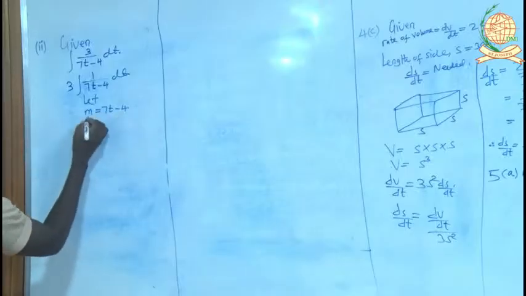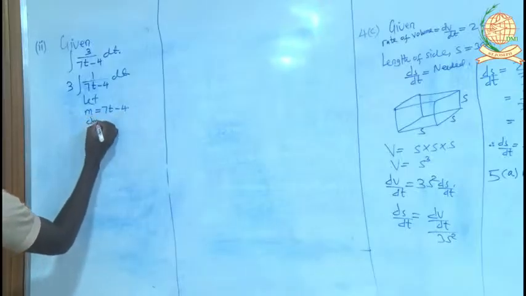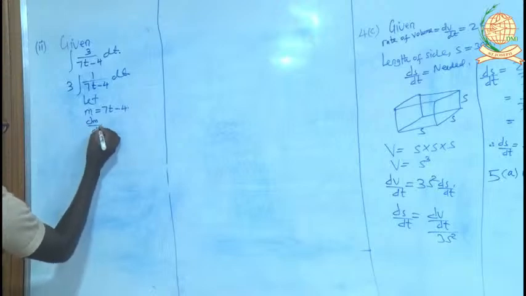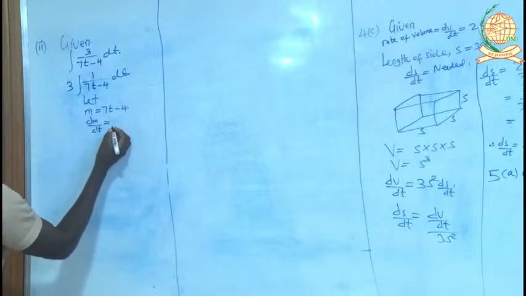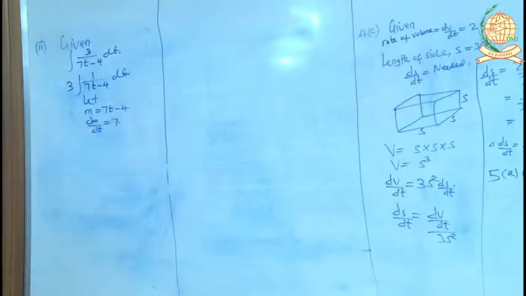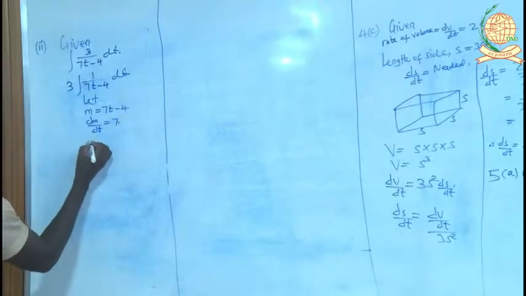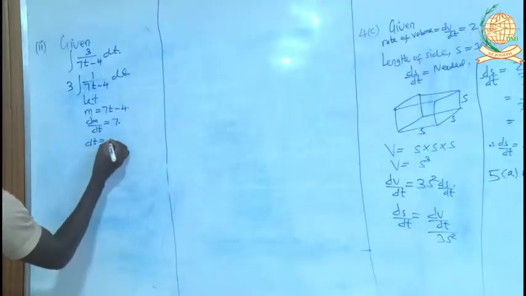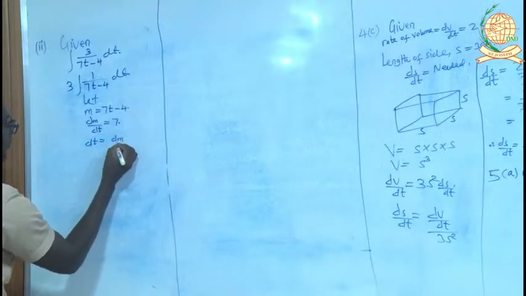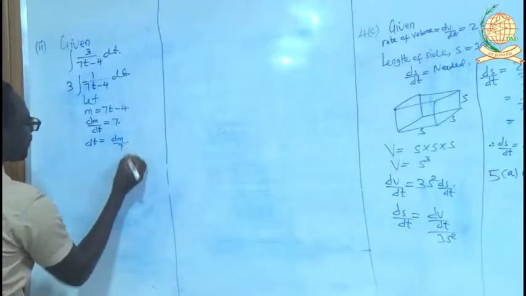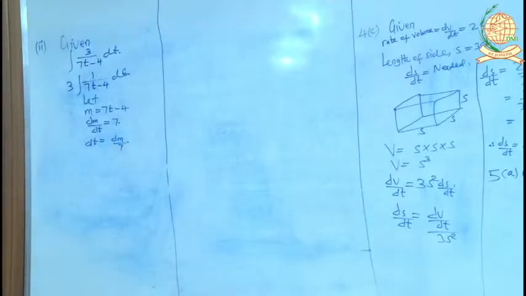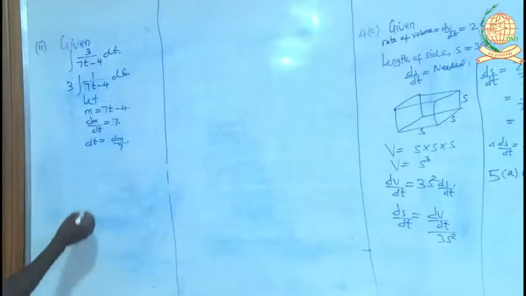Differentiate m with respect to t. dm over dt will be equal to 7. Make dt the subject. dt will be equal to dm over 7. Okay, again, take this into the original integral.